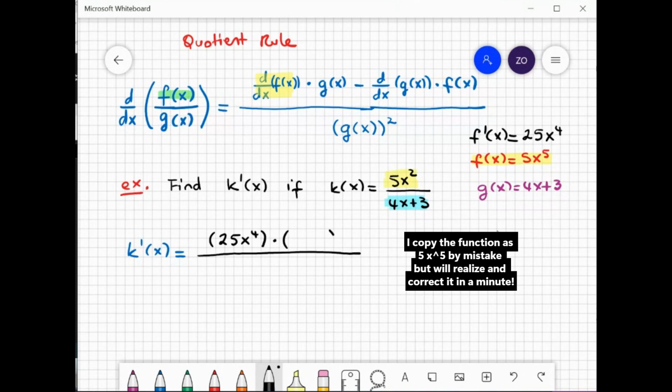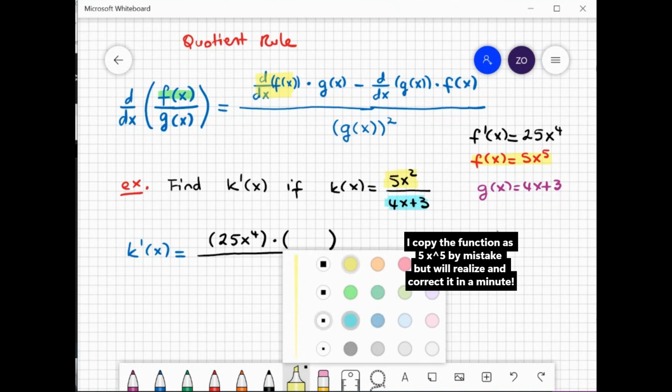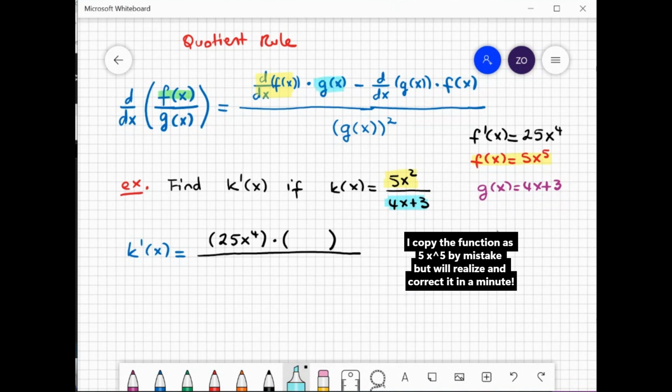times the g function, which is the function in the denominator. Okay, so the function in the denominator, that is 4x plus 3. Minus, which comes from the formula, we will put down the derivative of the g function.